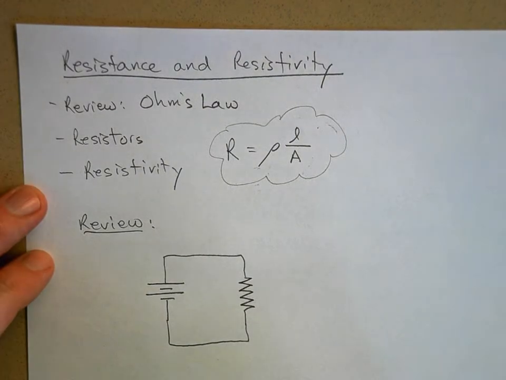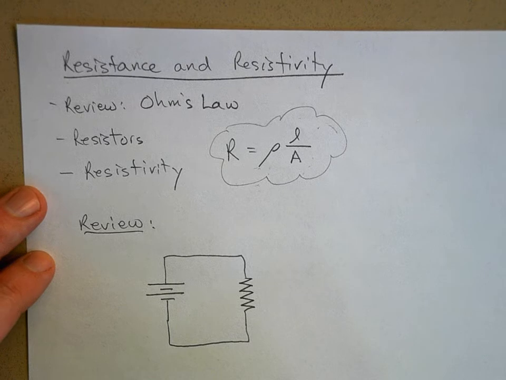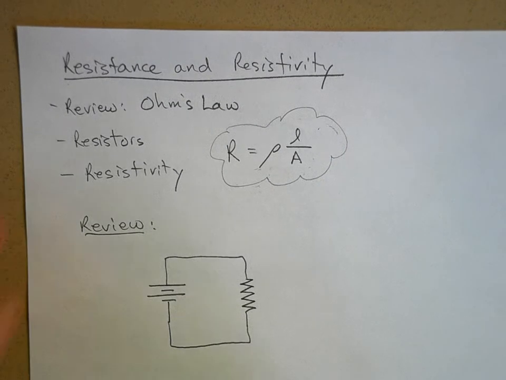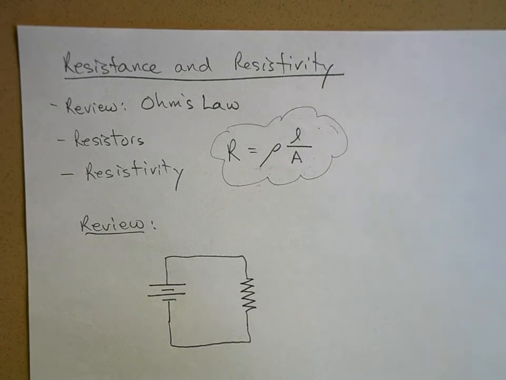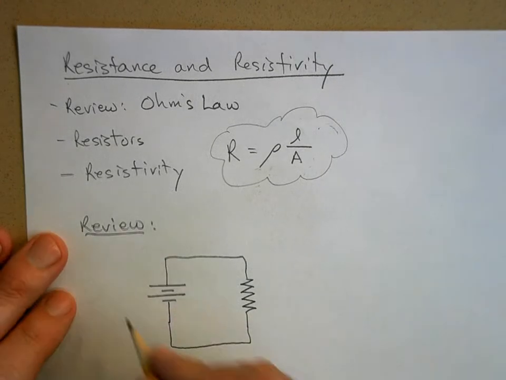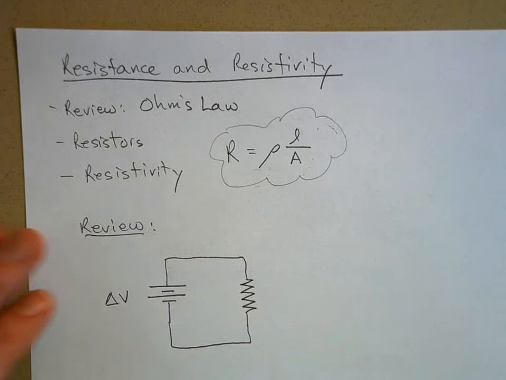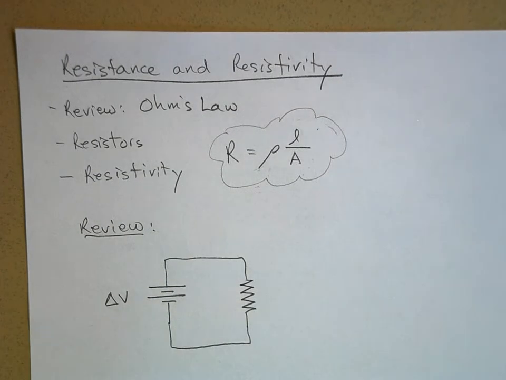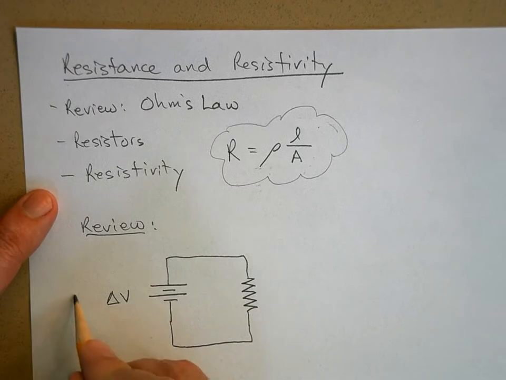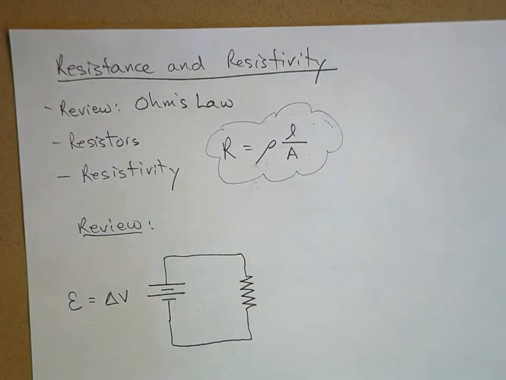So let's suppose that we have this, we're going to call this delta V here. This is a change in voltage due to the battery. Sometimes you'll see it with a curly E like this.